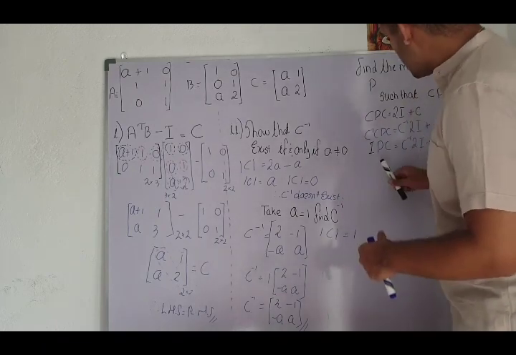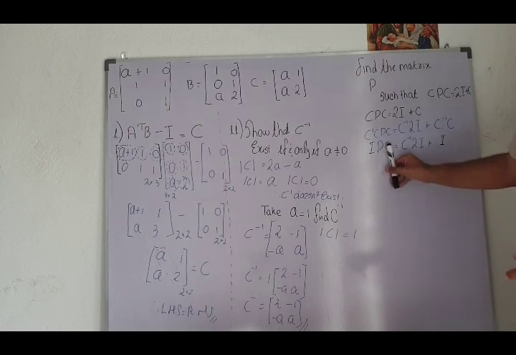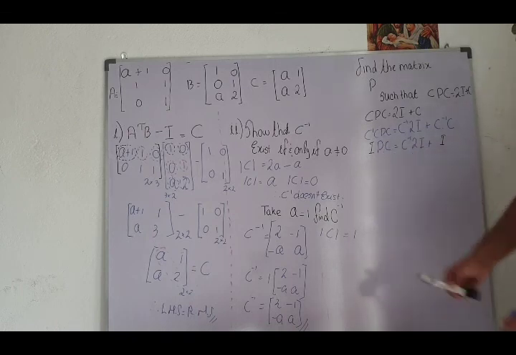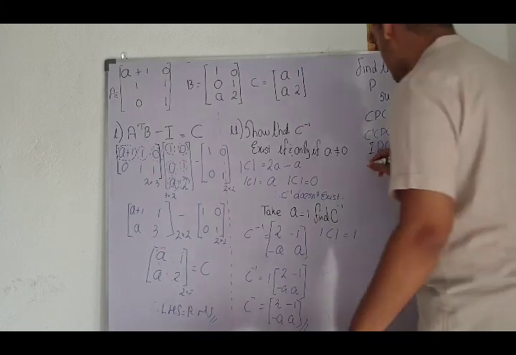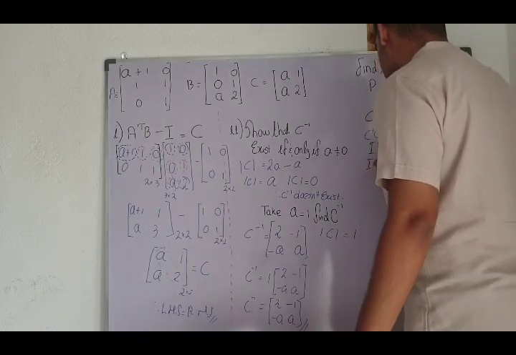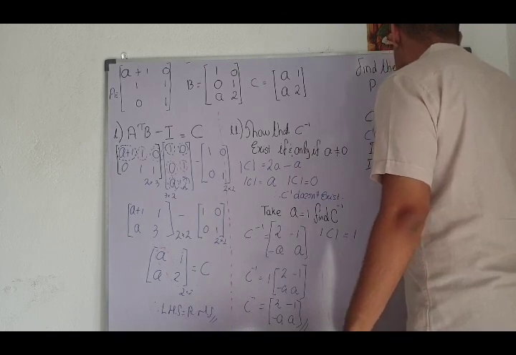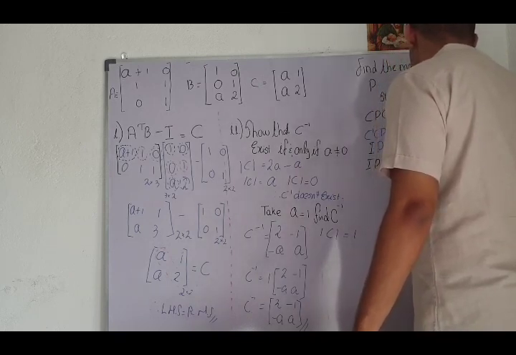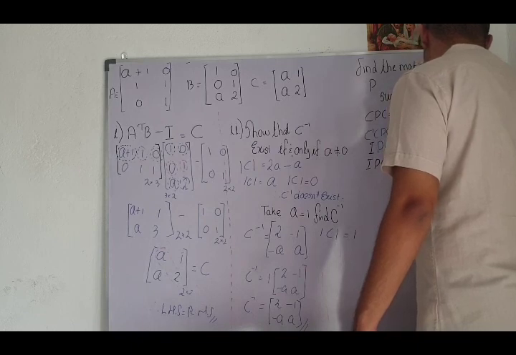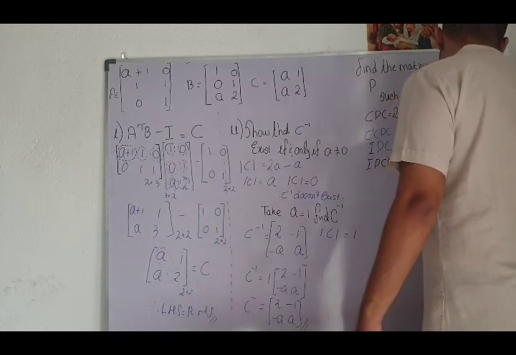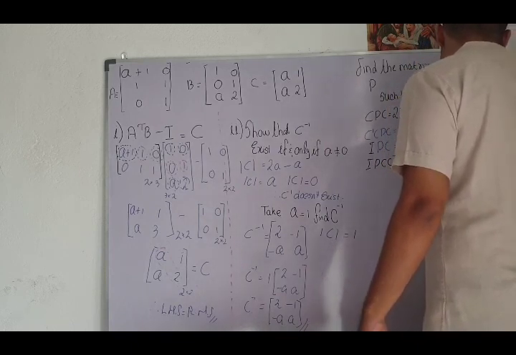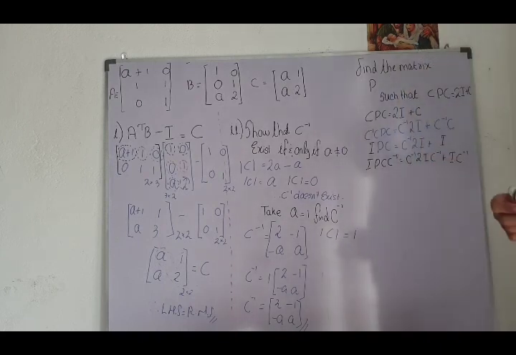So in here, now we can see that the C still remains. There is one more C remaining here. So we have to multiply that also by an inverse matrix. P, C, C inverse is going to be C inverse 2I, C inverse plus I, C inverse, right?